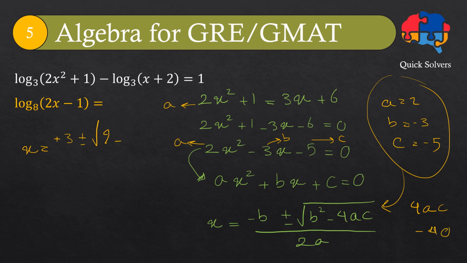So minus 40 becomes plus 40, divided by 2 times a, which is 4. If we take the plus, then it is 3 plus the square root of 49 over 4, which is 10 over 4. And if we take the minus sign, then it is 3 minus the square root of 49 over 4, which is minus 4 over 4, which is minus 1.